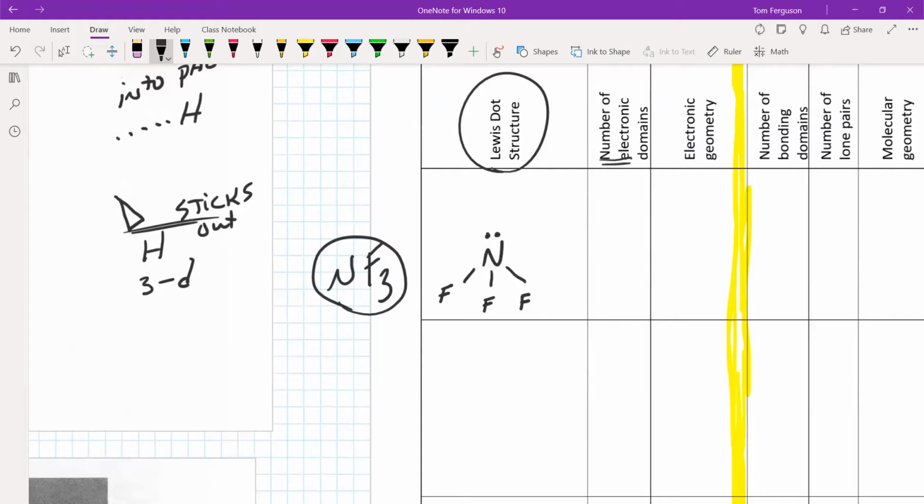Okay, how many electron domains or how many groups of electrons do we have? We have 1, 2, 3, 4. So that unbonded pair of electrons counts because it's a group of electrons.